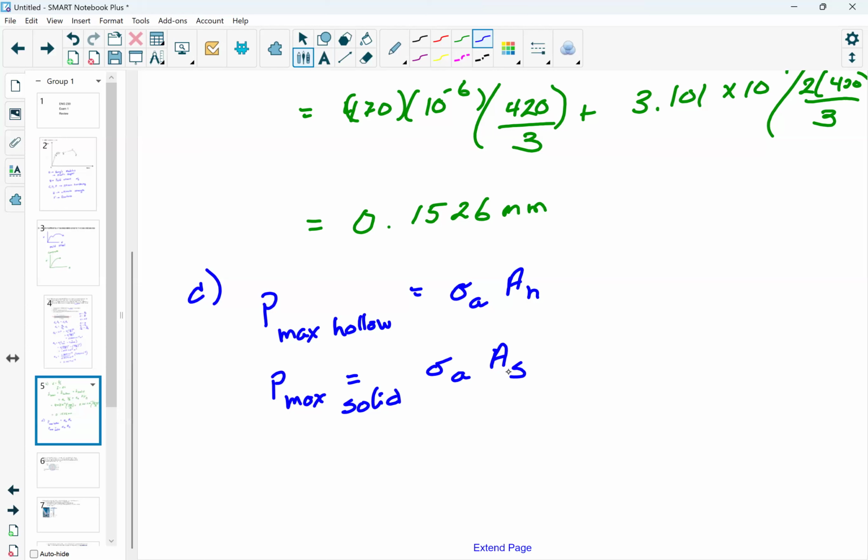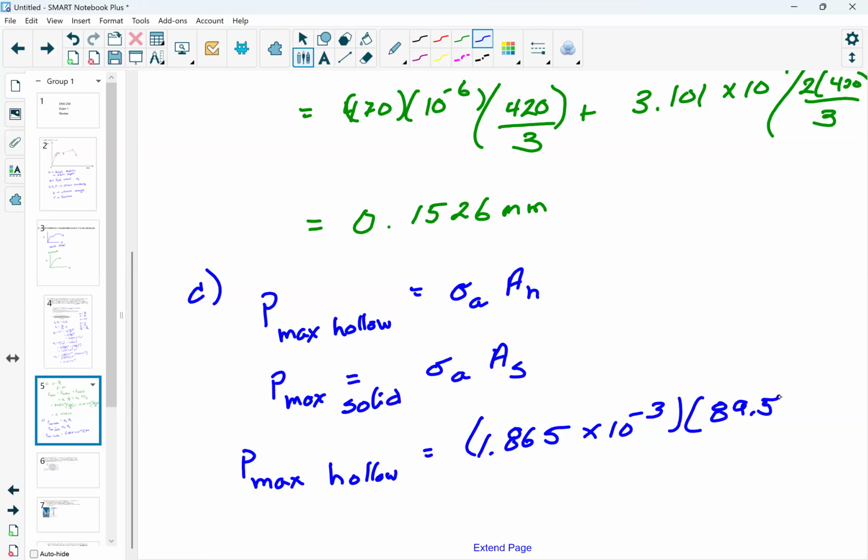All right, so the area of our hollow piece ended up being 1.865 times 10 to the negative 3. And we're then going to multiply that by the 89.5 kilonewtons.